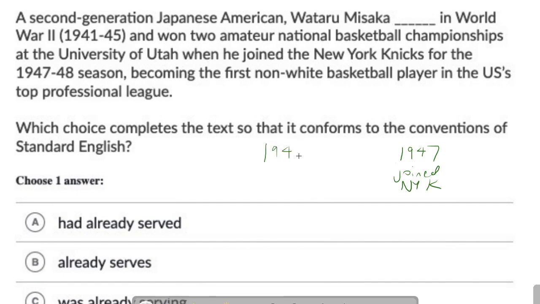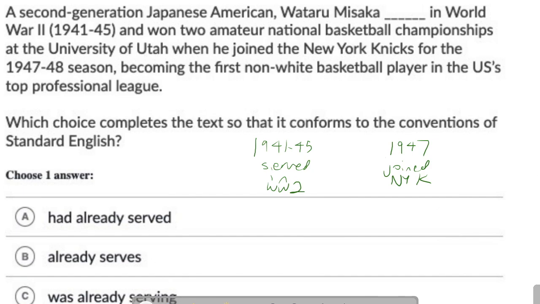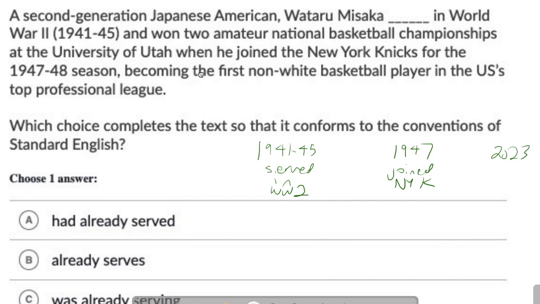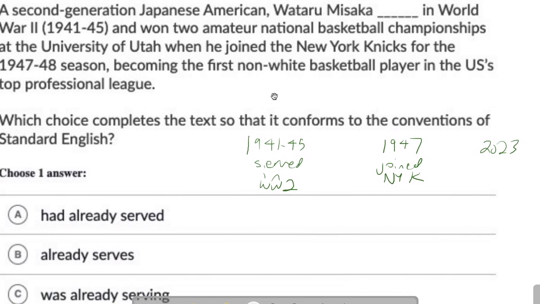From 1941 to 1945, he served in World War II. It is currently 2023, so that's our perspective. Maybe this was written in 2022, but the point is, recently.